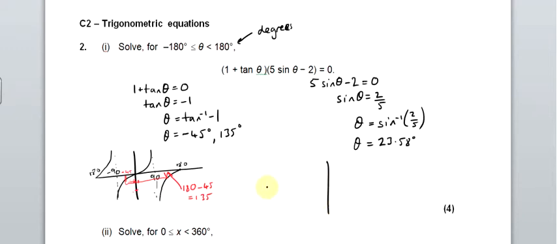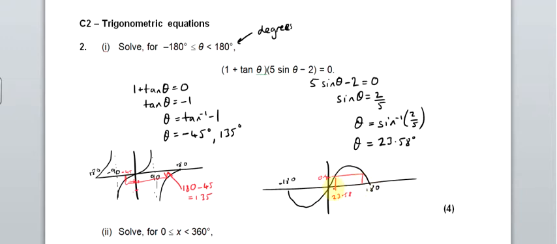So here's our sine curve. So the sine curve does this. And remember, we want it from minus 180 to plus 180. That does vary. And we've just done sine theta of 2/5, so 0.4, so that's sort of about here, isn't it? And there's our 2 solutions there. This one's the one the calculator gave us, 23.58.